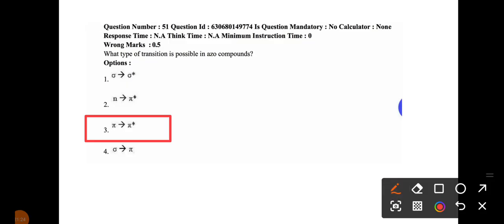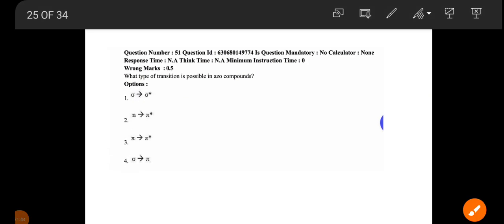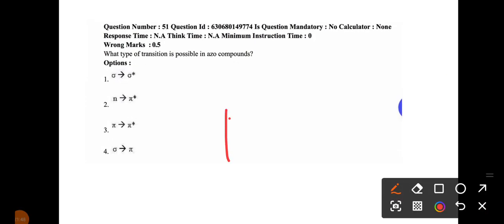Because of the double bond in azo compounds, it is the pi to pi star transition. These are just N2 compounds, these are azo compounds, okay?